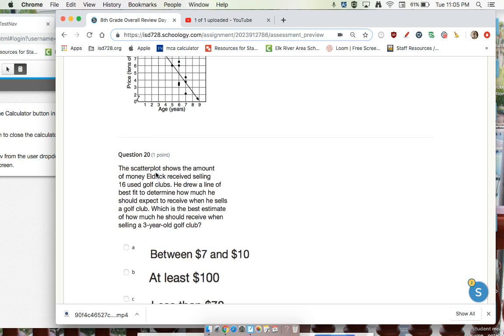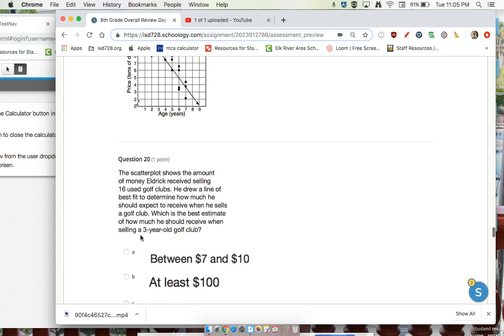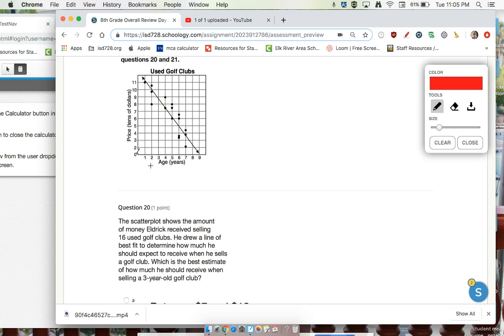The scatter plot shows the amount of money Eldrick received selling 16 used golf clubs. He drew a line of best fit to determine how much he should expect to receive when he sells a golf club. What is the best estimate of how much he should receive if he sells a 3-year-old golf club? I'm going to go to 3 years old and just follow this line up.